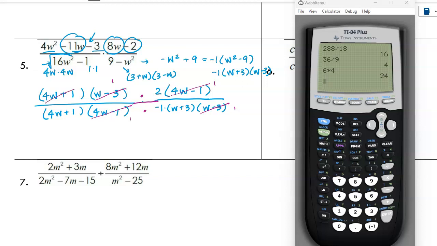Oh, cancels out right there. So we end up with a 2 over negative 1 times W plus 3. I can take that and then put it to the top. So I end up with a negative 2 over W plus 3. There we go.